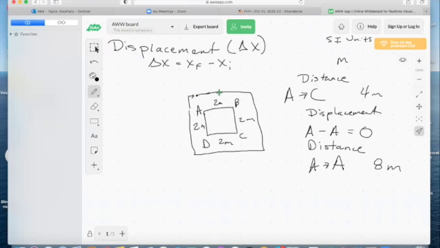Distance-wise, you traveled 8 meters, but displacement-wise, you are in the same place you started from, so there is no displacement. Okay, so displacement is your final point minus your initial point, which here is the exact same. And your distance is the total distance traveled between points. Does everybody understand the difference between distance and displacement? Yes, ma'am.